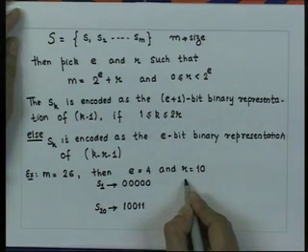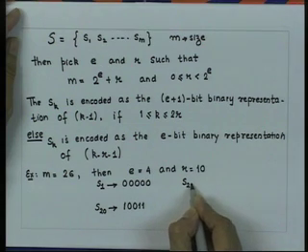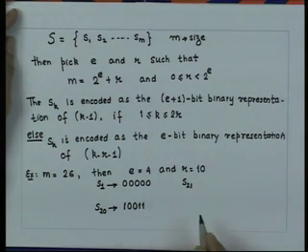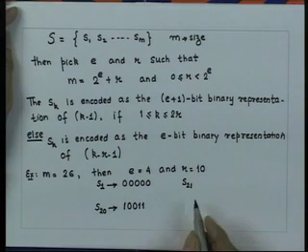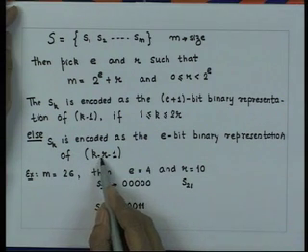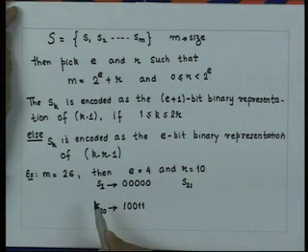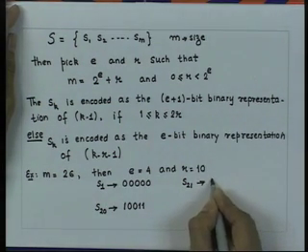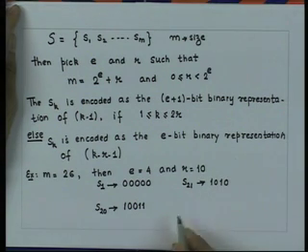If I were to encode S21, since 21 is not less than or equal to 20, then 21 is encoded as the 4-bit representation of 21 minus 10 minus 1, that is 10, and that is equal to 1010.